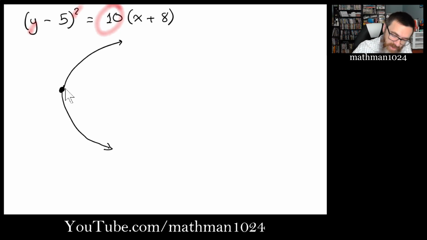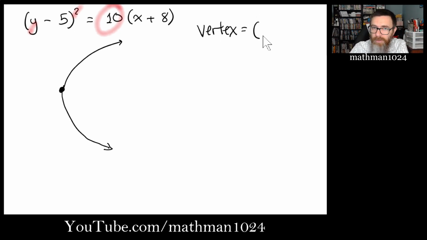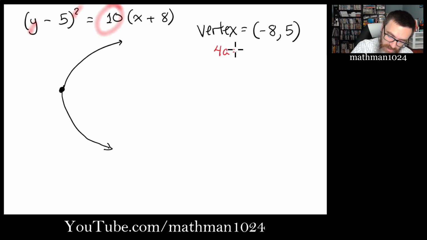So let's find that vertex. So the vertex will be the ordered pair. Again, it's x and y, so do the opposite of what you see here with the x, -8, and the opposite of what you see here with the y, +5. And like we've been doing over and over again, find out what a is. So 4a equals 10.